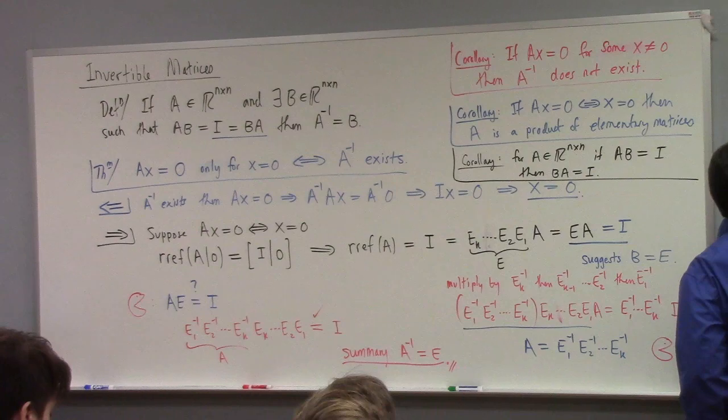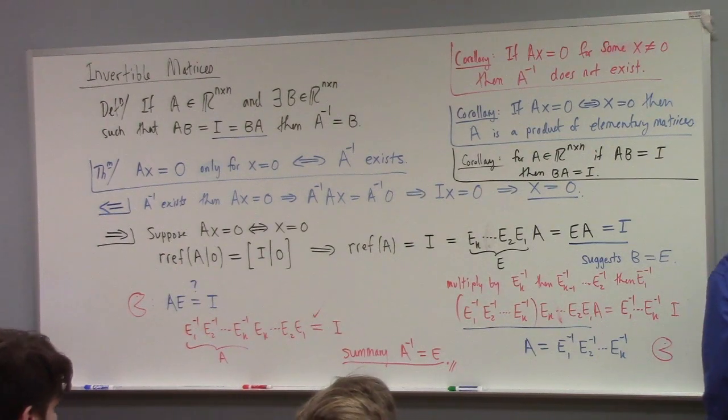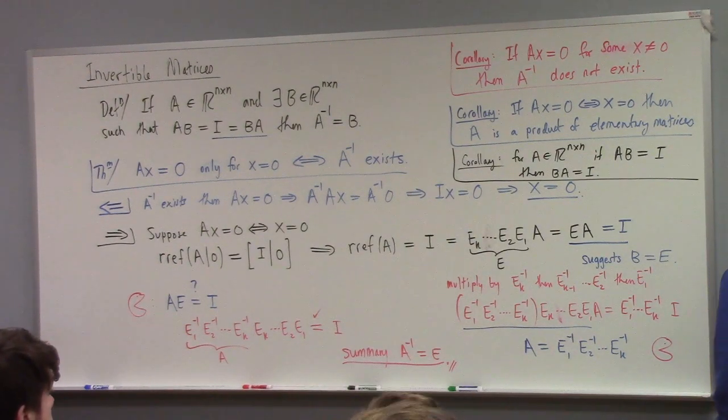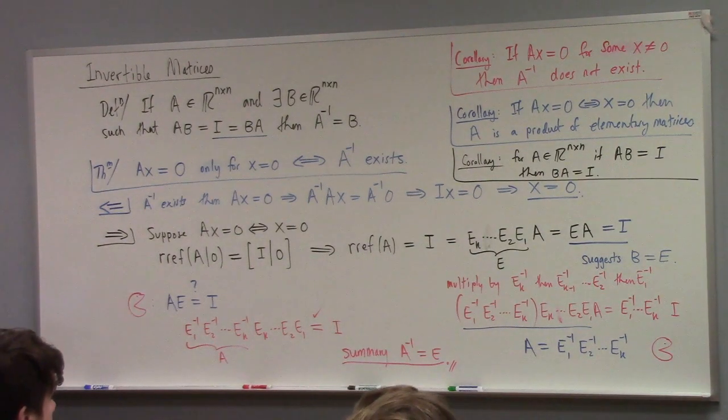How's this go? Definition: if f is a function from A to B, then f inverse has to be a function from B to A, right?